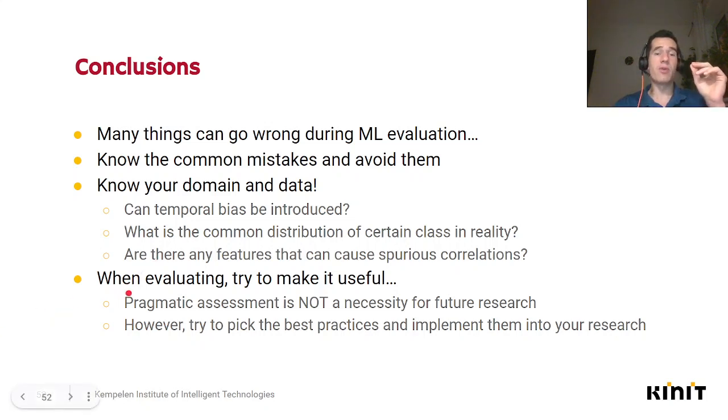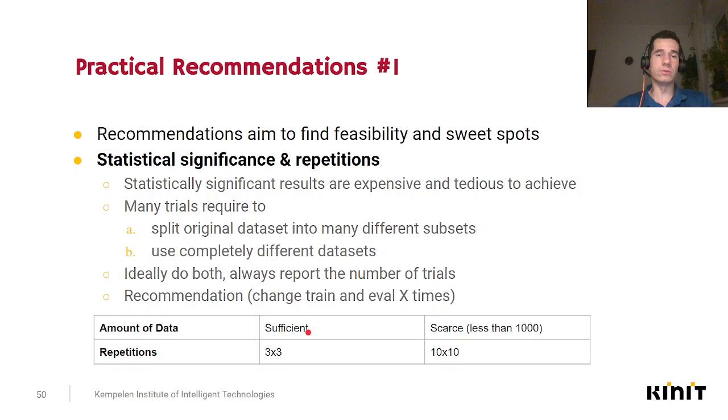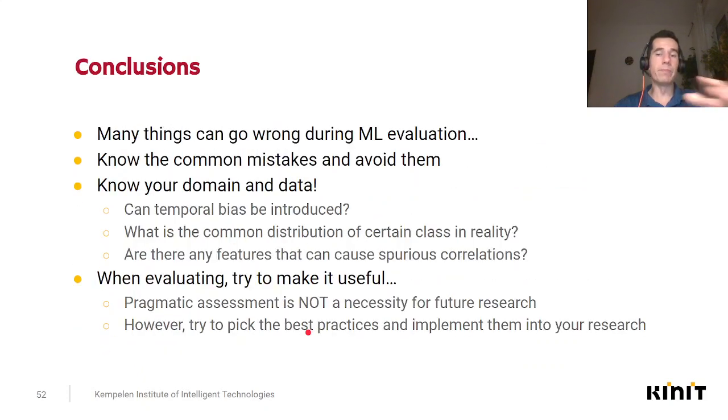And when we are evaluating our model, try to make it useful. So pragmatic assessment is not a necessity for every research that has to come in the future. Even the authors of the paper said that. But we can try to pick up some best practices as we've given you here and implement them into your research.